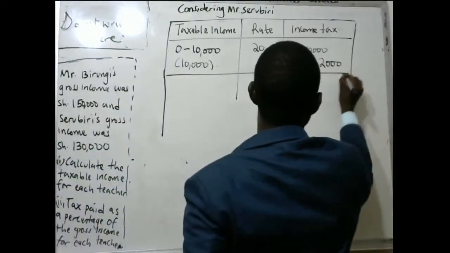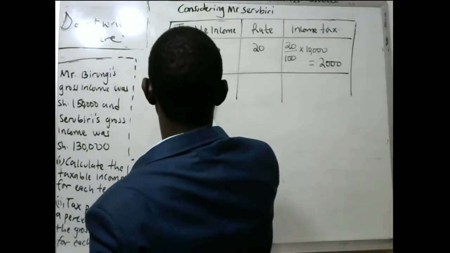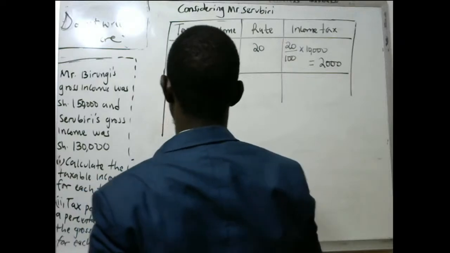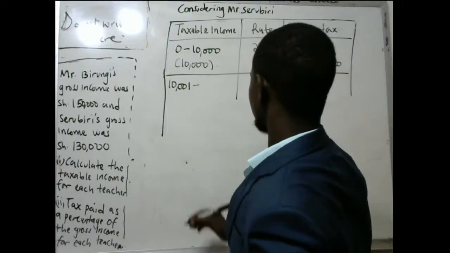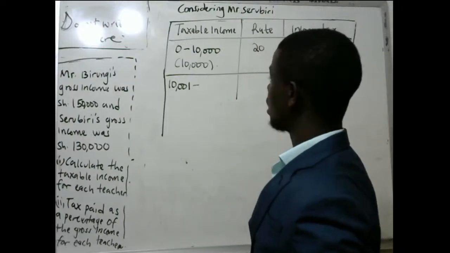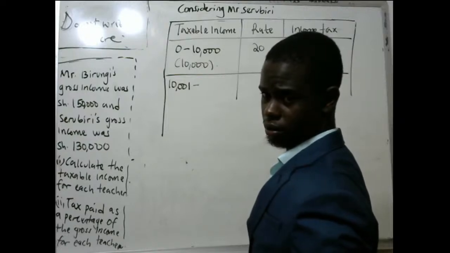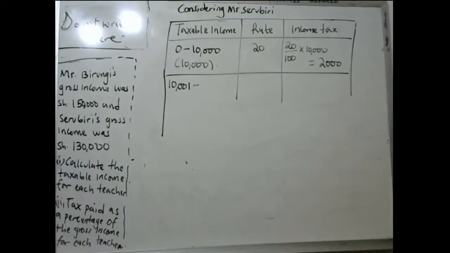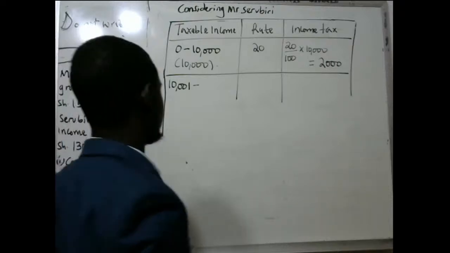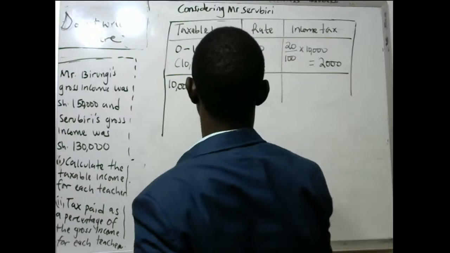But on the second stage, after this amount of 10,000, the next one is 10,001, okay? Up to, what is the taxable income of Mr. Serubiri? Mr. Serubiri's taxable income? 59,000. Mr. Serubiri's taxable income is 59,000.